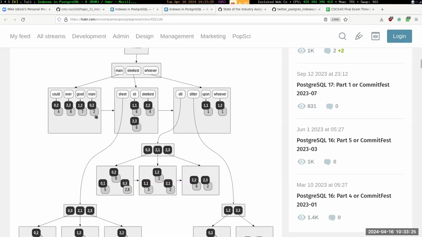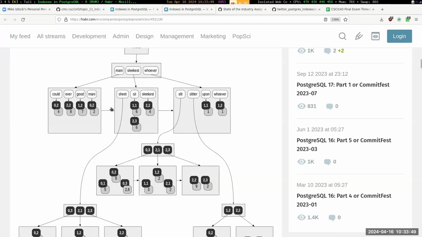We still have these same white boxes up here, with the same stemming and stop word removal, because that happens at the level of the TS vector function, not at the level of the index. So all the white boxes will be the same no matter what type of index you're using.